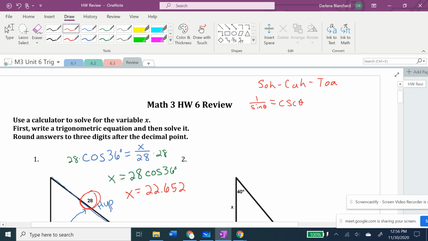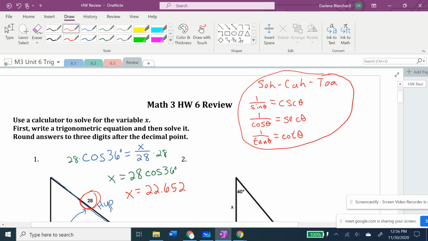Cosecant. Which function is cosine's reciprocal? Good, secant. And then lastly, tangent's reciprocal is cotangent. Very good. So know that these are the things you need to be ready for tomorrow. These are the main concepts overall.